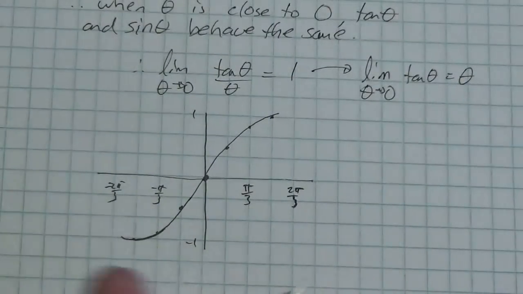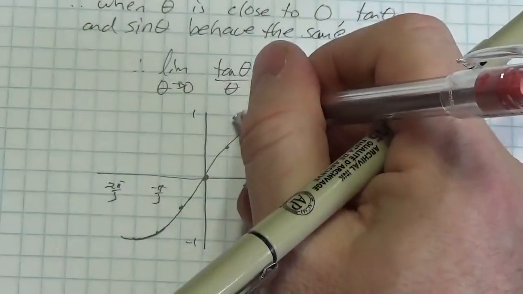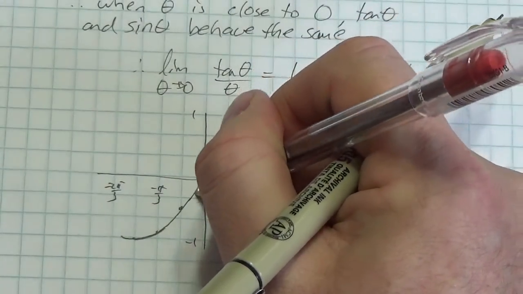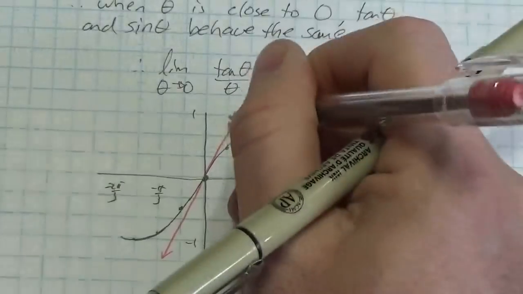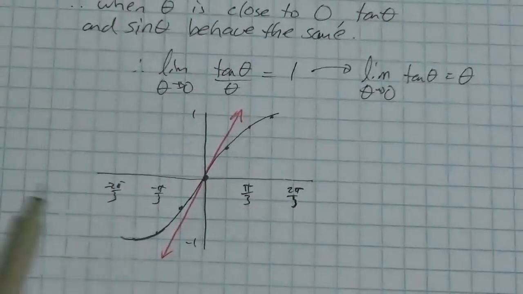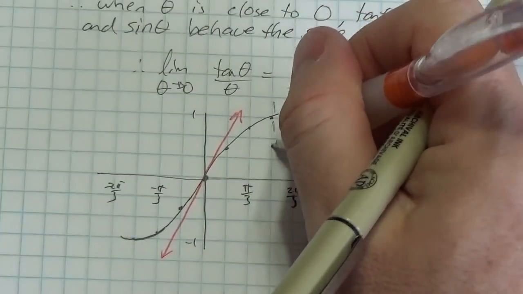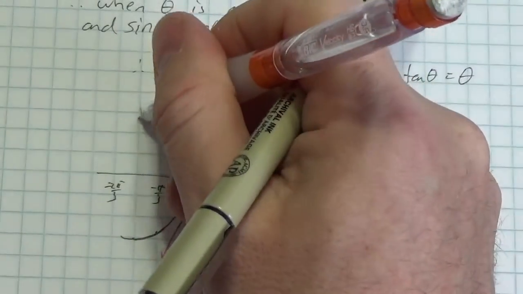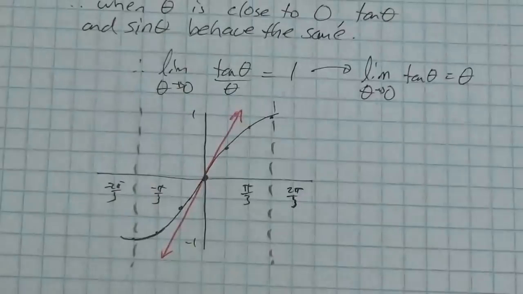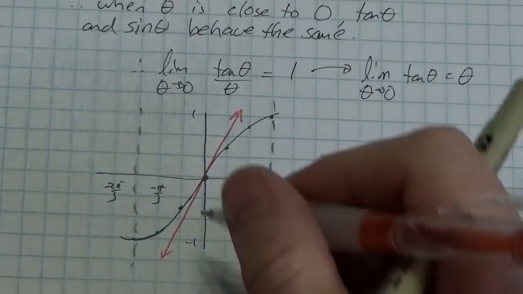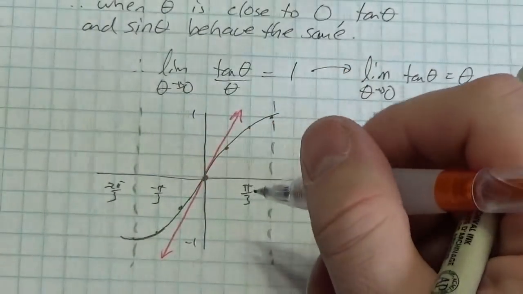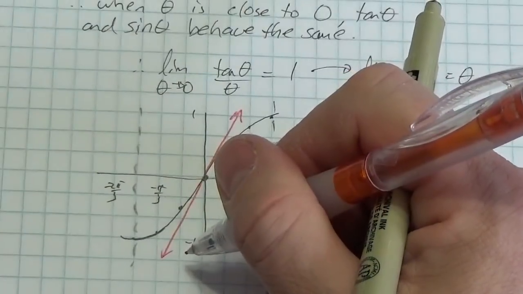Okay, now, here's the graph y equals x. Okay, but here is tangent. Remember, tangent is going to have this asymptote here at pi over 2 and at negative pi over 2.